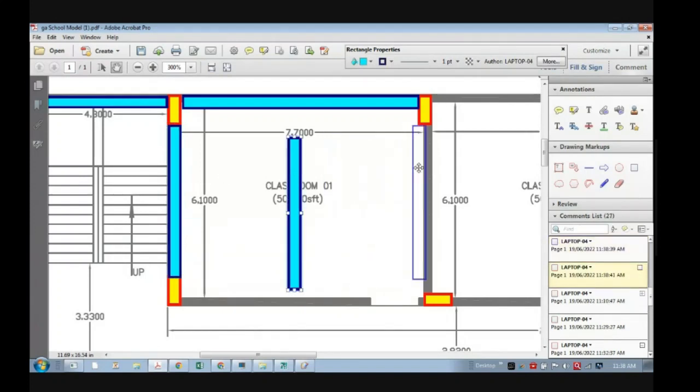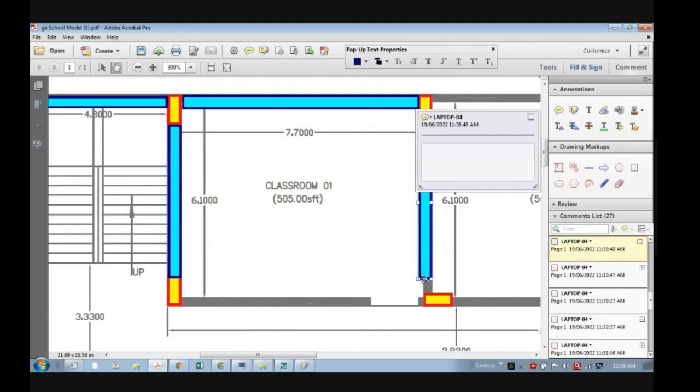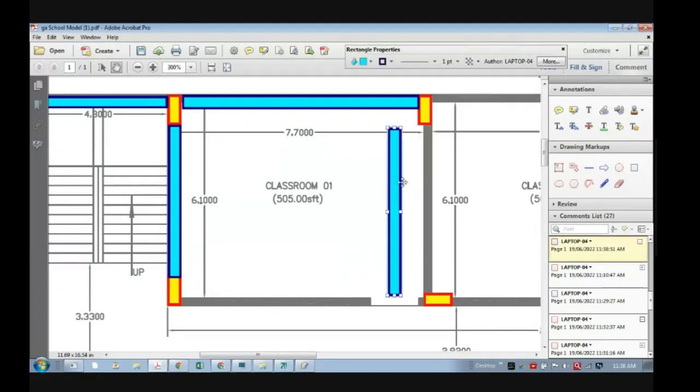If I want to raise this, see, you can see it is not resting fully on the column because this column offset is to the left side. So why not to take this offset in this room?